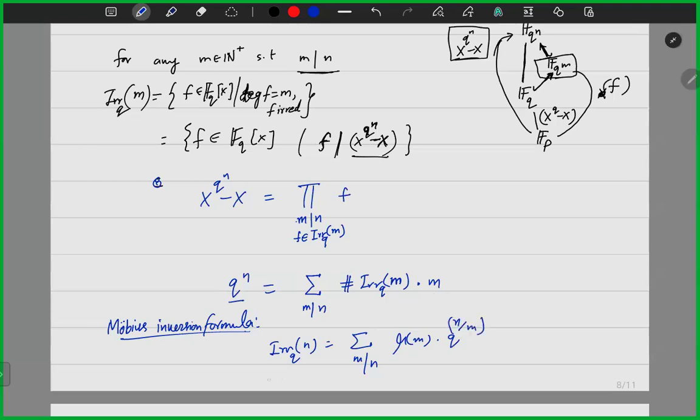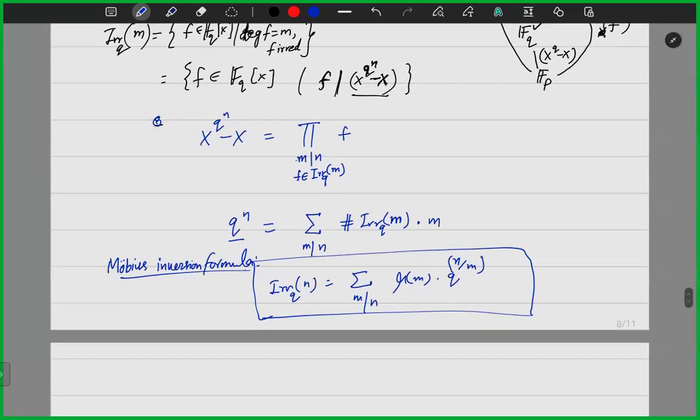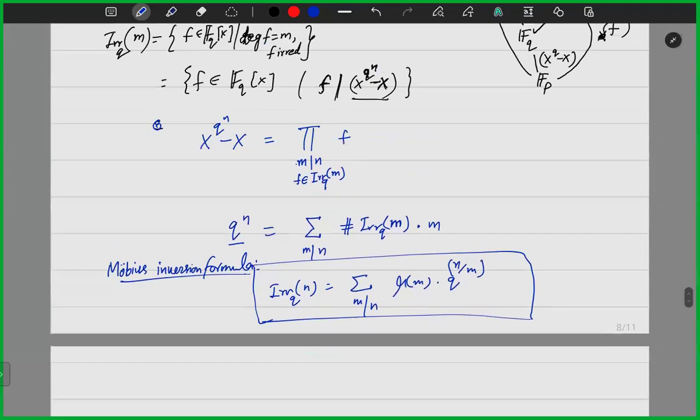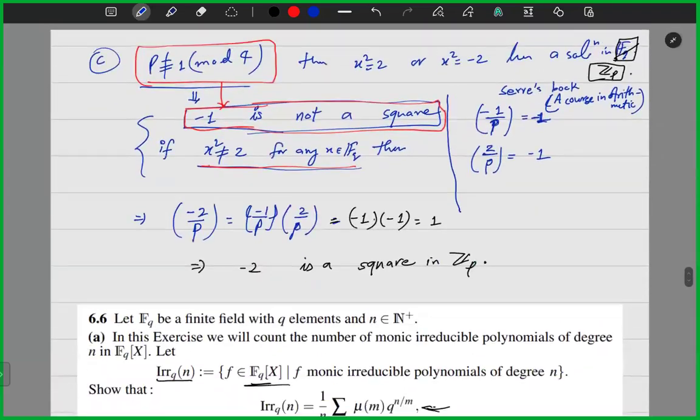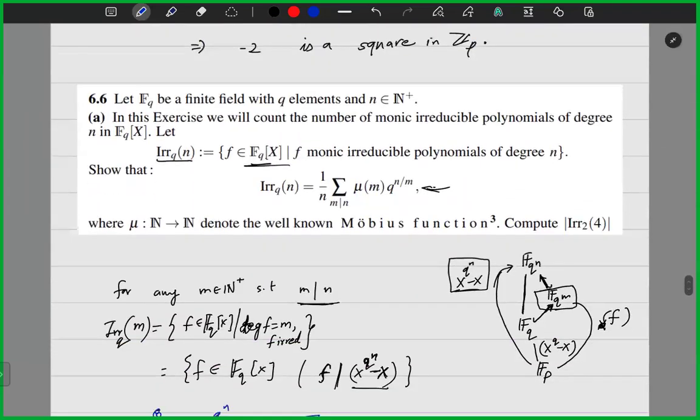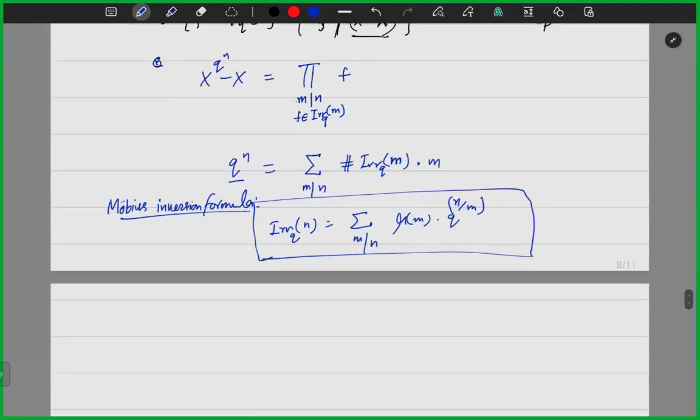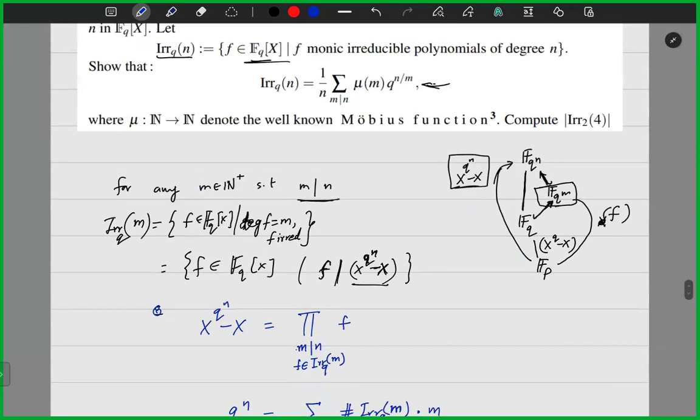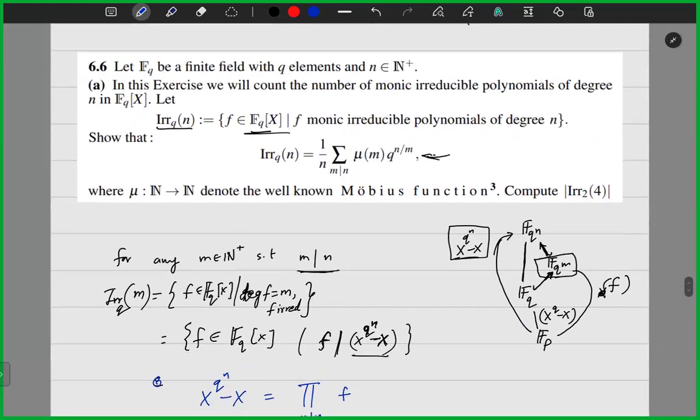Then this is just Mobius inversion; you can check what's given in the classroom notes. In the exercise sheet also the Mobius inversion formula is given. Okay, so this is done.